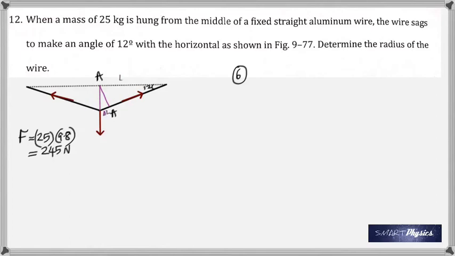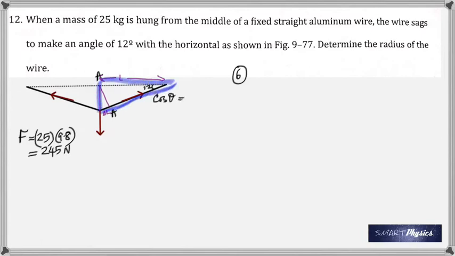Surely, looking at this figure, if I take half the length of this as L, then this must be the same. Which means this is how much it did stretch. Are you getting it? That's how much one side stretched. That's what we're trying to find from this diagram.